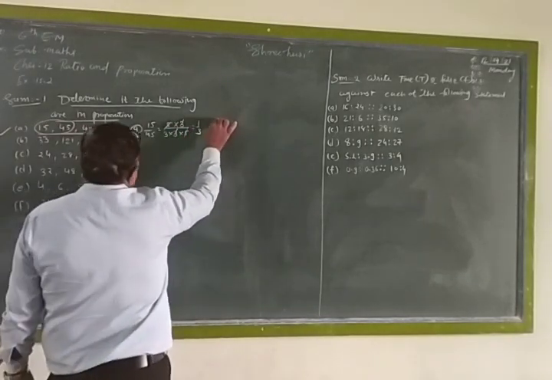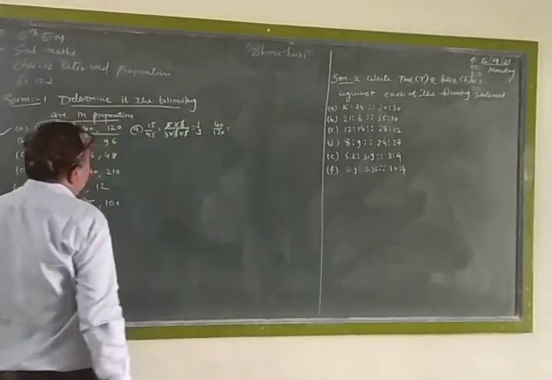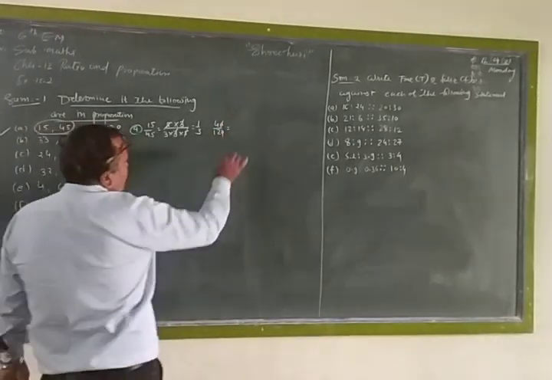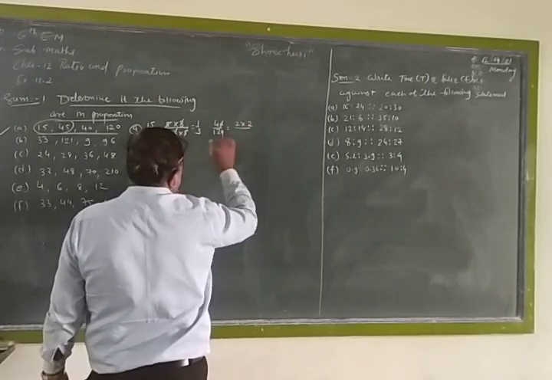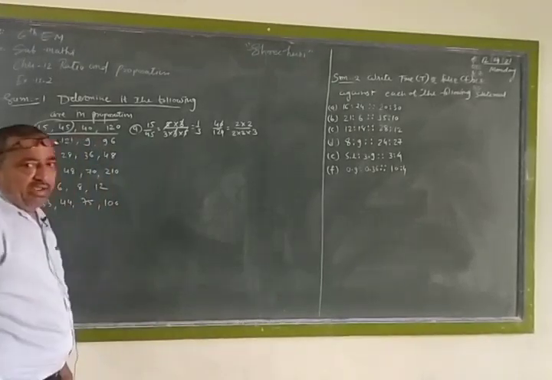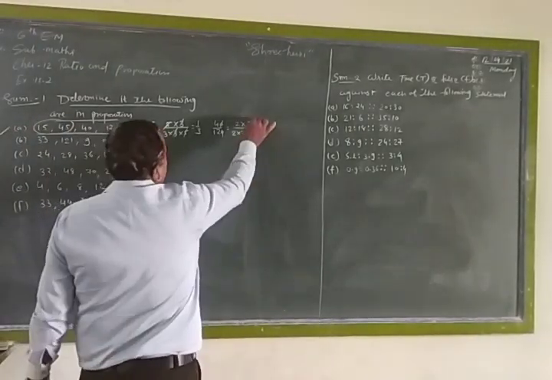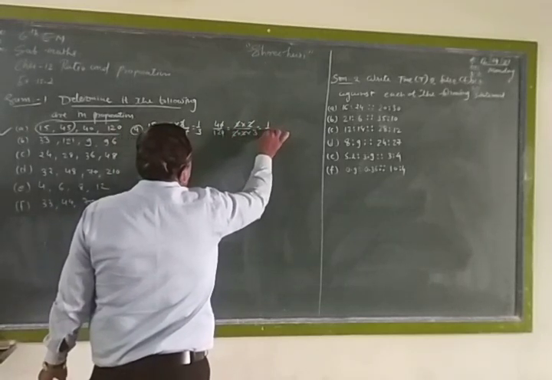Now the second ratio is 40 and 120. The prime factors of 40 are 2 times 2 times 2 times 5, and of 120 are 2 times 2 times 2 times 3 times 5. The common factors cut, nothing remains in the numerator except 1, so it means 1 upon 3.